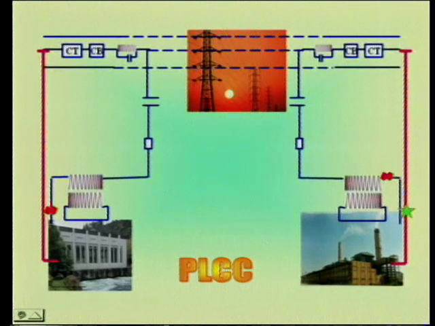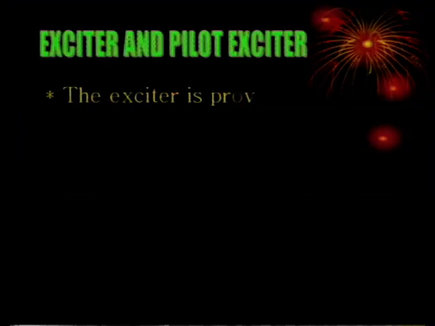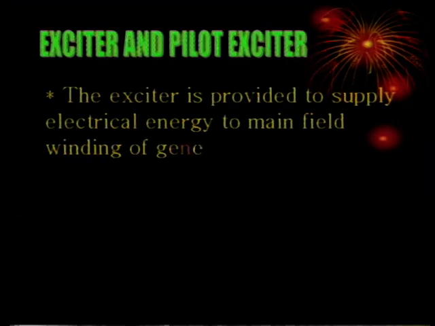Next, another auxiliary, that is the exciter and pilot exciter. To generate power, a generator requires some DC excitation. For that purpose we require an exciter, a DC compound generator. The exciter is provided to supply electrical energy to the main field winding of the generator.